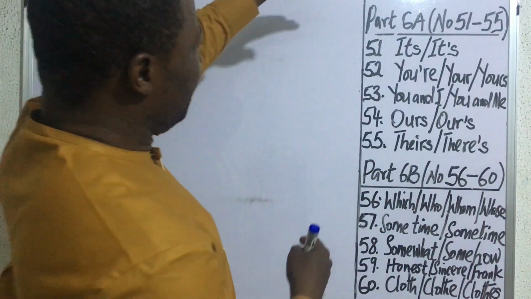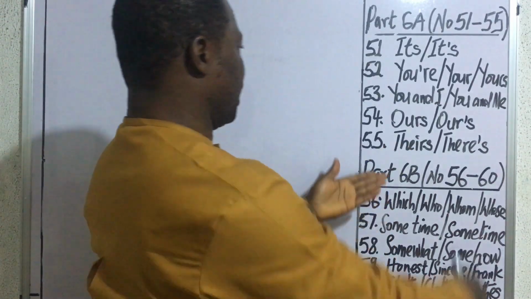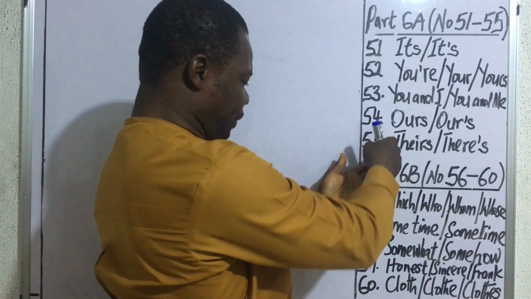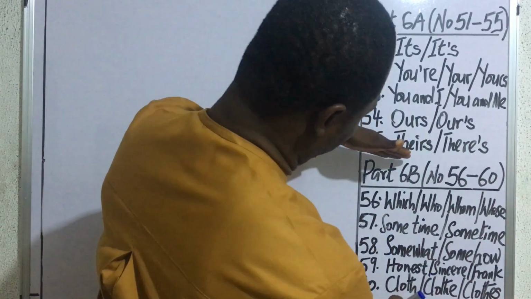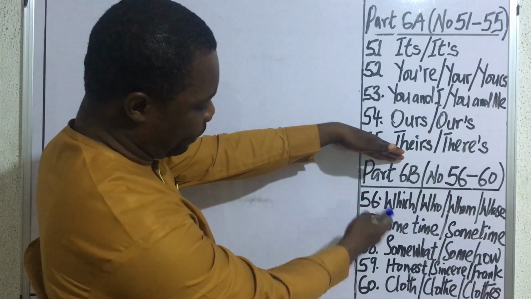In the first part of this part 6 we shall be looking at words number 51 to 55, so that in the second part of the same episode we'll be considering words number 56 to 60.